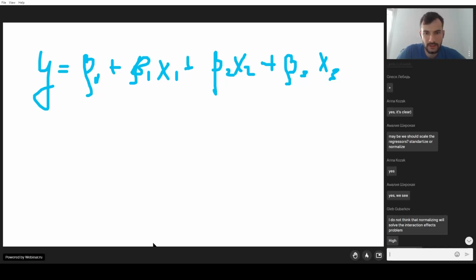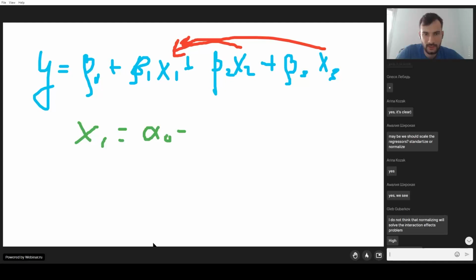And we are assuming that x1 can be explained by x2 and x3. So what we actually do in our model, we write down a different regression: x1 is equal to alpha 0 plus alpha 1 x2 plus alpha 2 x3.